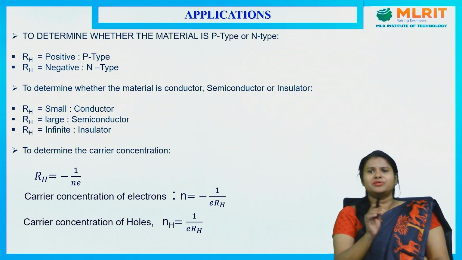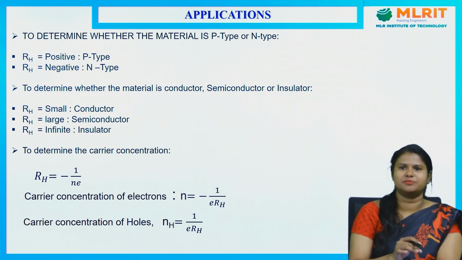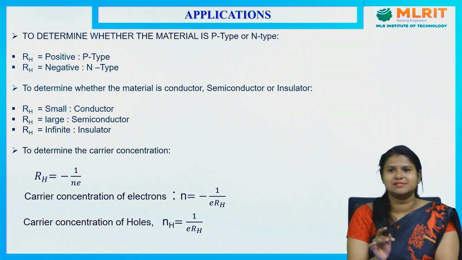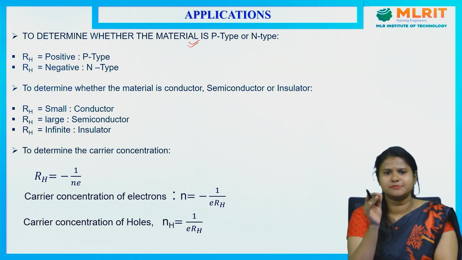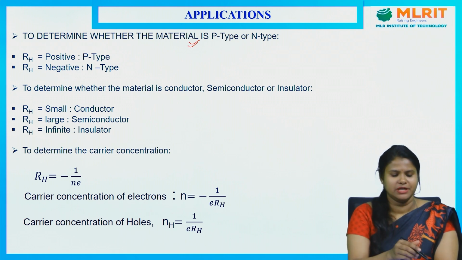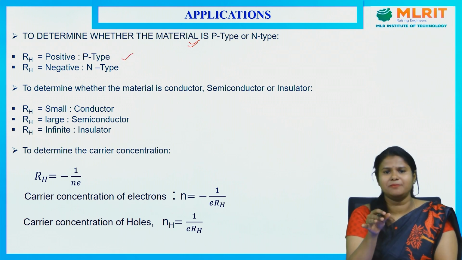So now let us see some applications of this Hall coefficient. Why is this so important? The first point is we can determine whether the material is P-type or N-type. If RH value is positive, then the material is a P-type semiconductor. If we get a negative value of RH, then that material is an N-type semiconductor.